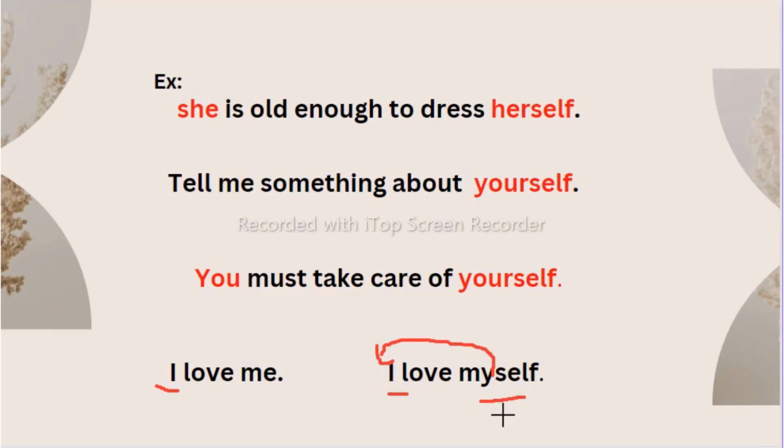I love myself. I love me will be a wrong sentence. We can use sentences like show me, let me see, give me, believe me, trust me. But when we are doing something to ourselves, it should reflect back to the subject. It should agree with the subject.